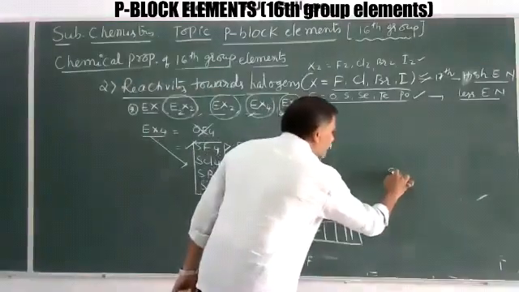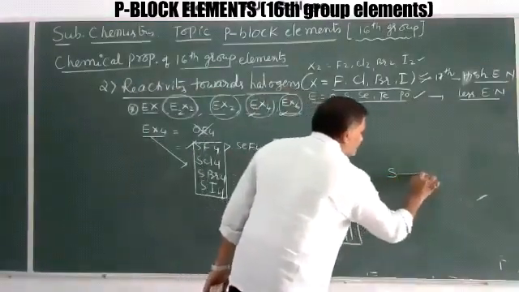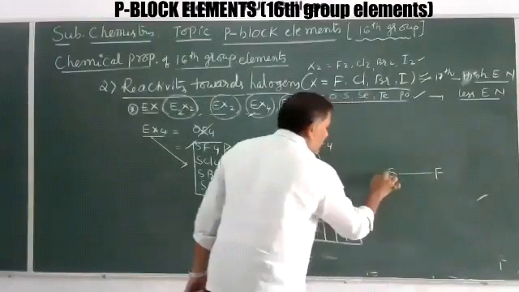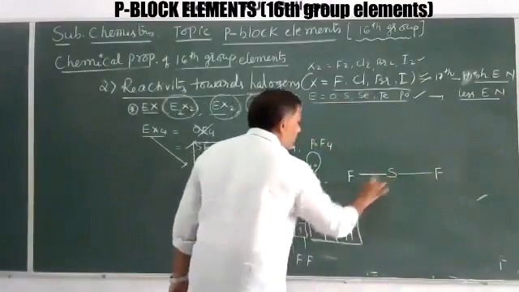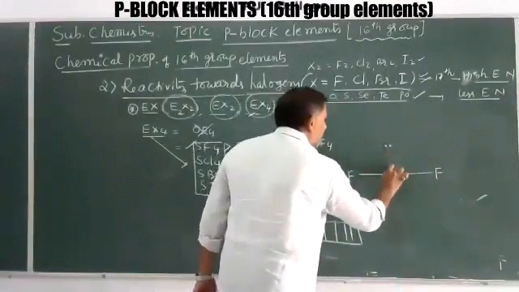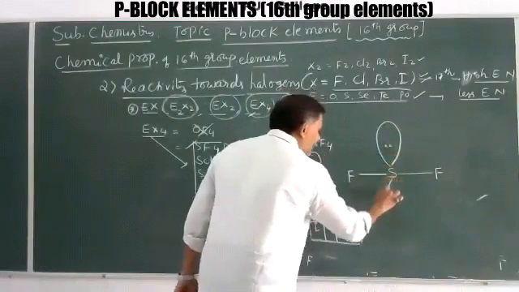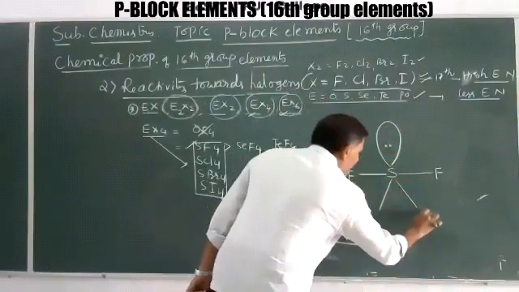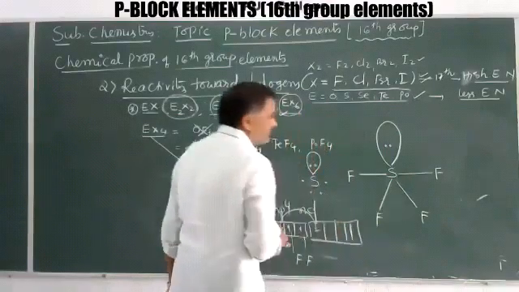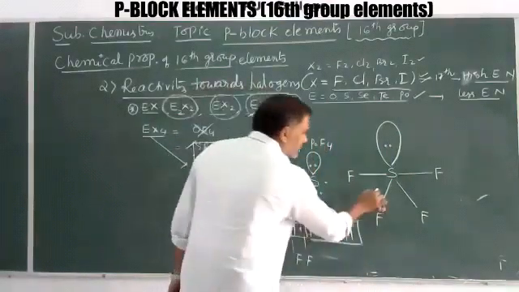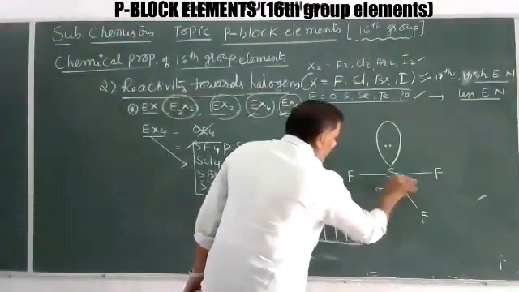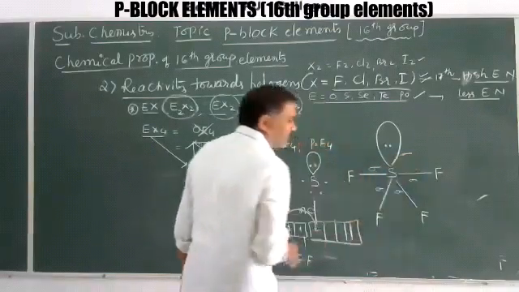On this basis, sulfur forms a bond with this fluorine, and with this fluorine. Now here 1 is a lone pair, and this is again fluorine. Now there are sigma bonds 1, 2, 3, 4 and 1 lone pair.